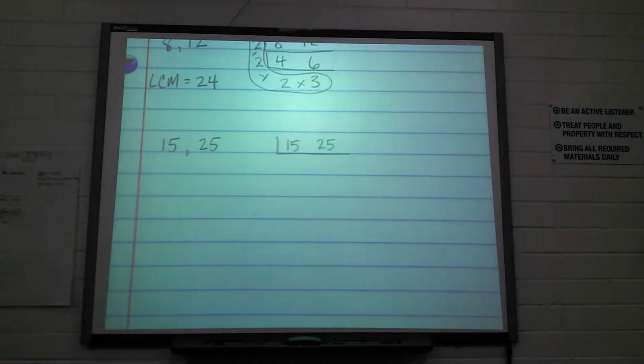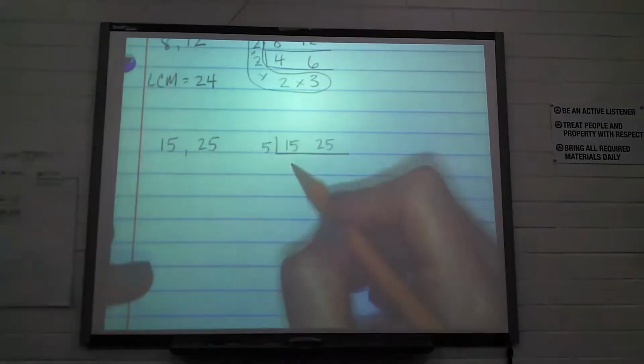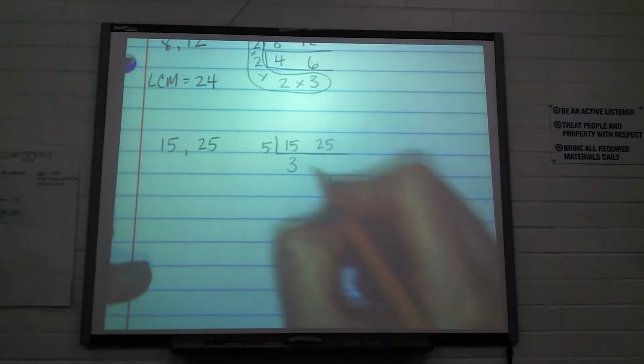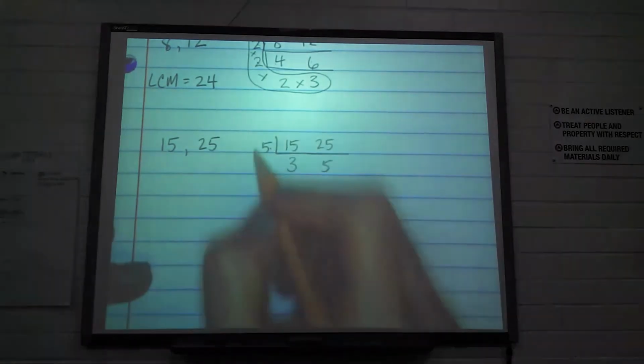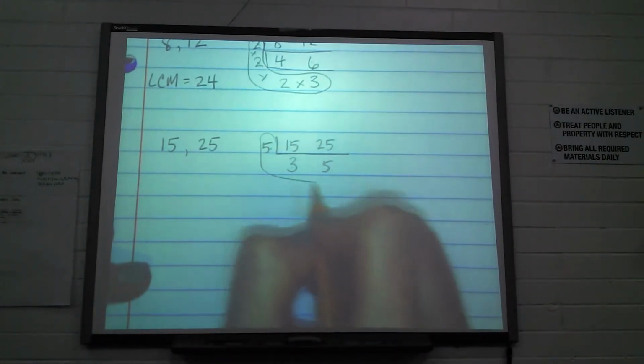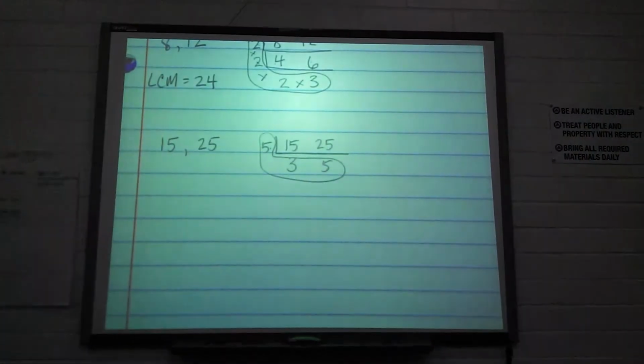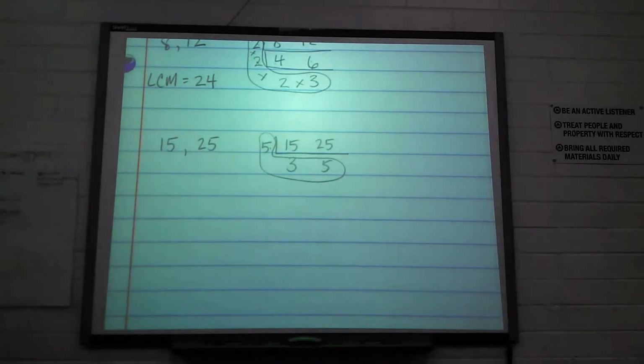Nope. 3? No. 5? Yes. Okay, so 3 times 5 is 15. 5 times 5 is 25. And this is the part where you must show your work on your homework. I want to see this done. Even if you think you know it off the top of your head, this demonstrates to me that you know the process of it when you get to harder numbers.